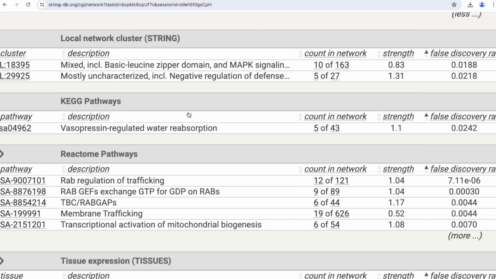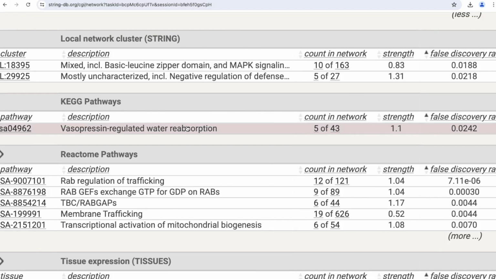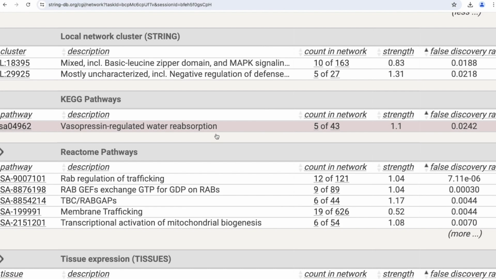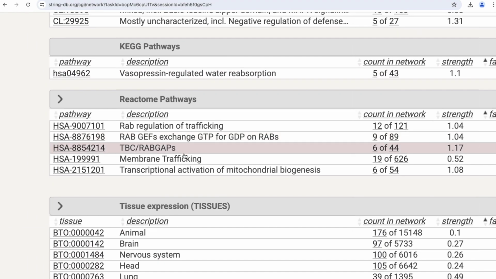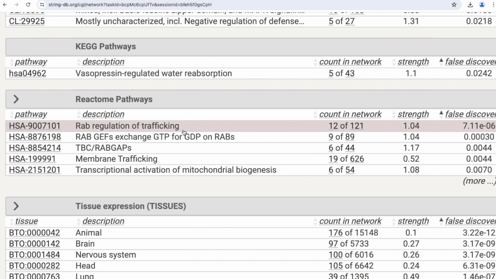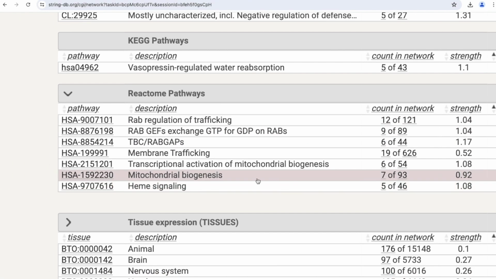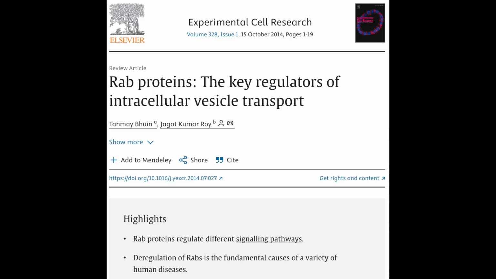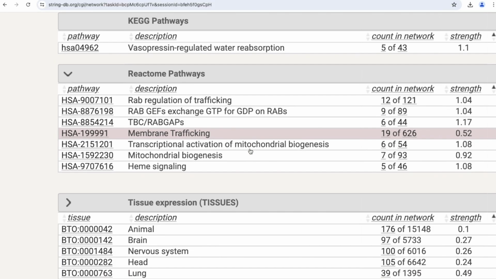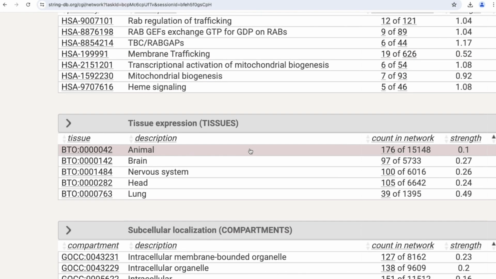So we go down. We've got vasopressin regulated water resorption. That's interesting. But now we're also seeing some specific Reactome pathways. Heme signaling, there's that mitochondrial, but we're also getting Rab signaling. So I would say whatever this gene is involved in is probably associated also with Rab signaling, which is probably playing a big role in this as well.